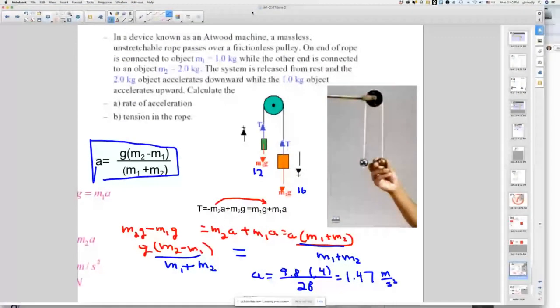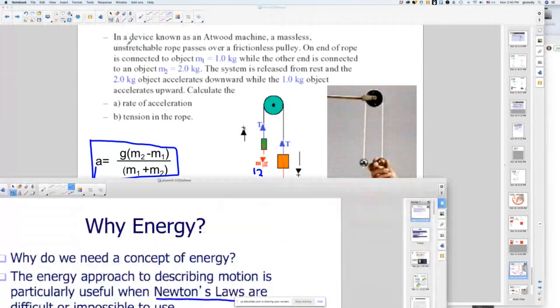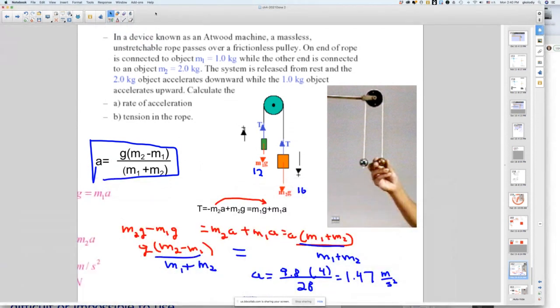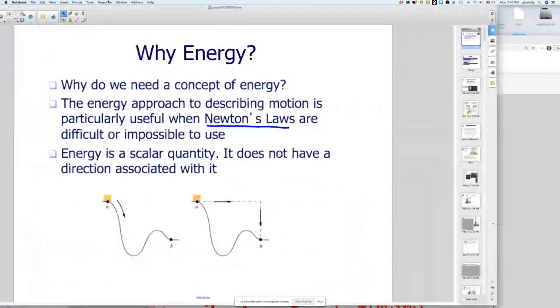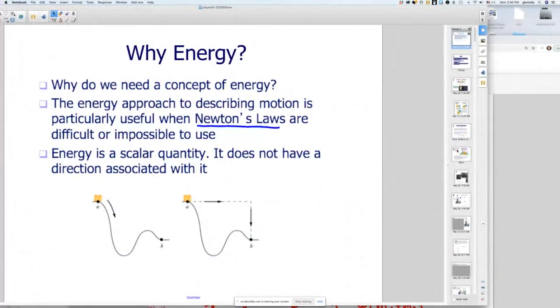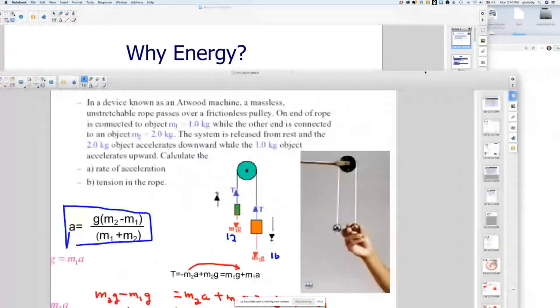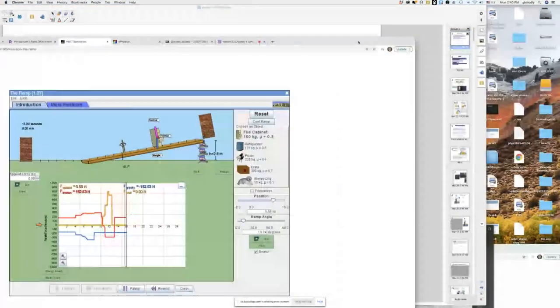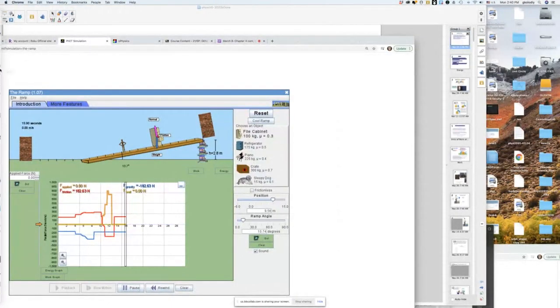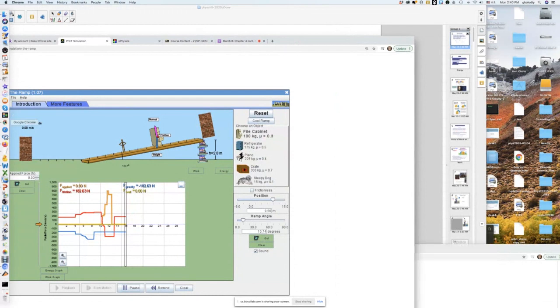All right, so let me just try lining things up here.